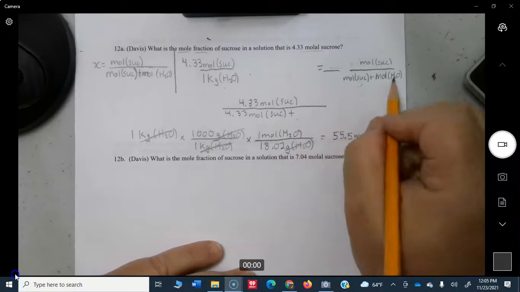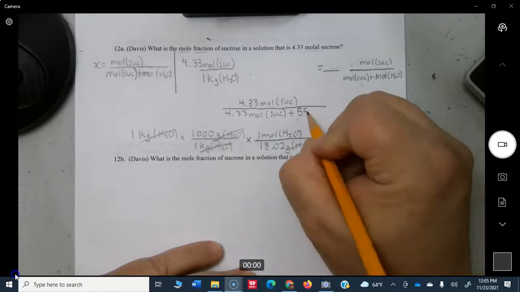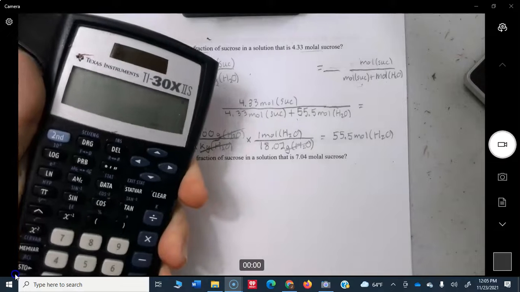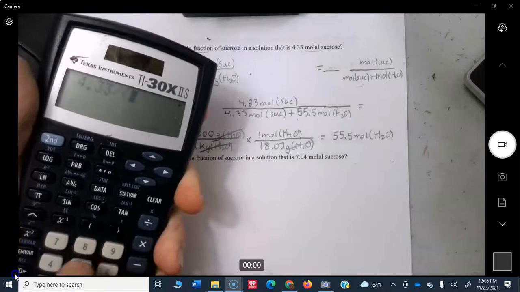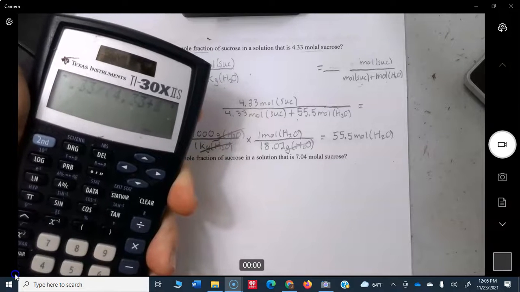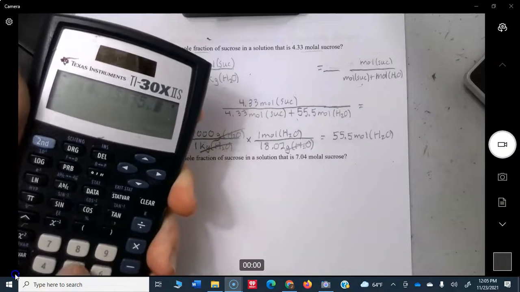So now we can stick that here for moles of water in the mole fraction formula. Now we just solve that problem. So it's going to be 4.33 divided by parenthesis 4.33, because I have to add 2 numbers, and I want that to happen before I do the division, and that's 55.5.